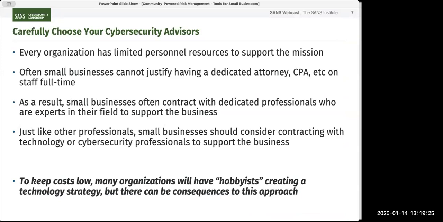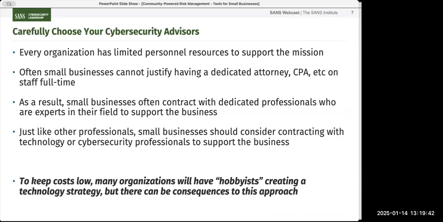We all know resources are limited. We also know that most often small businesses don't have the ability to have a dedicated attorney on staff, a dedicated CPA on staff, etc. Why would that be any different for cybersecurity professionals?